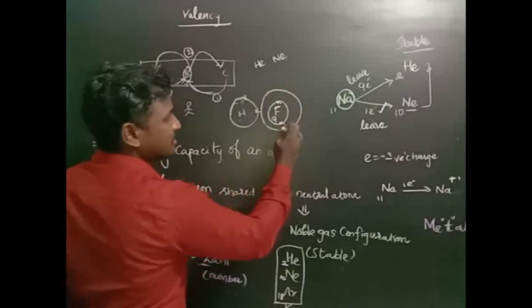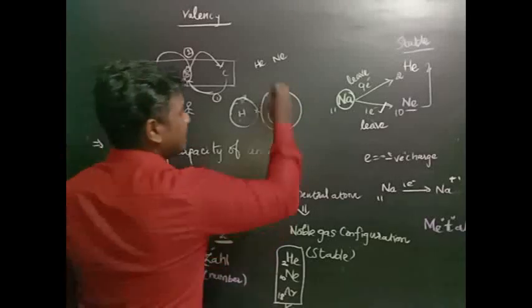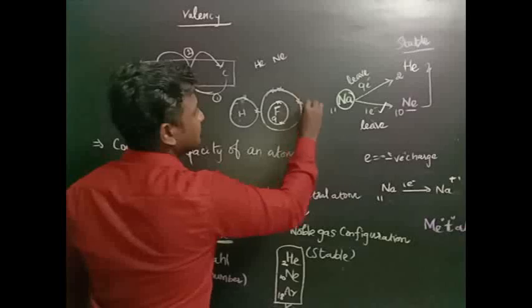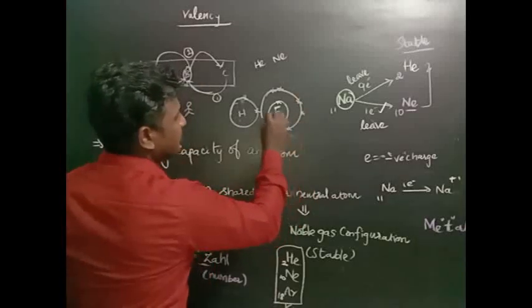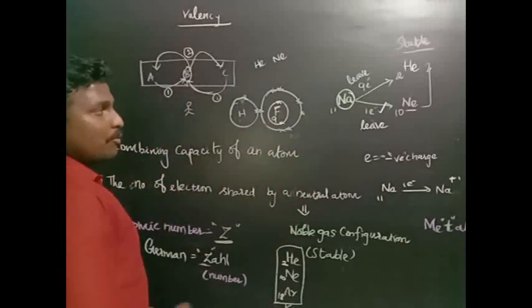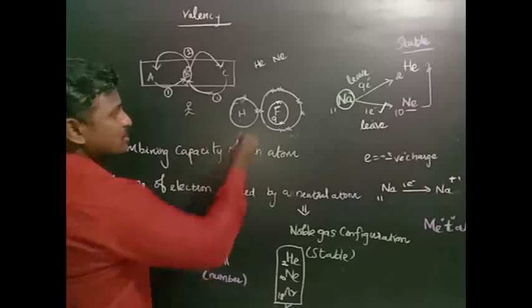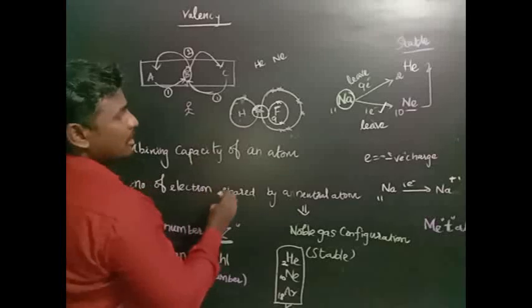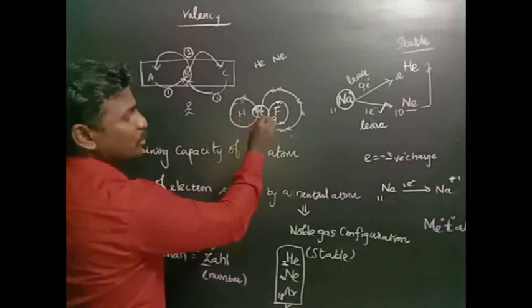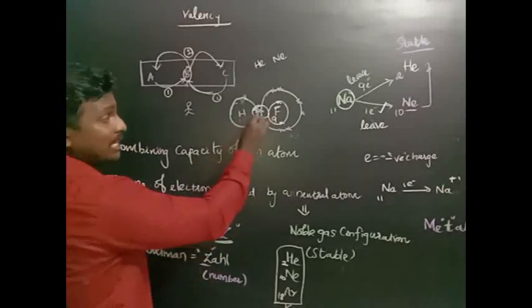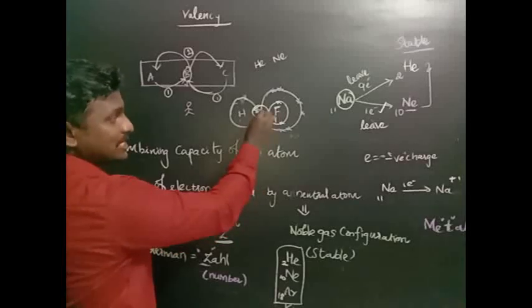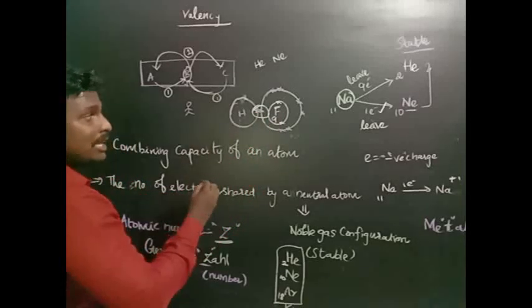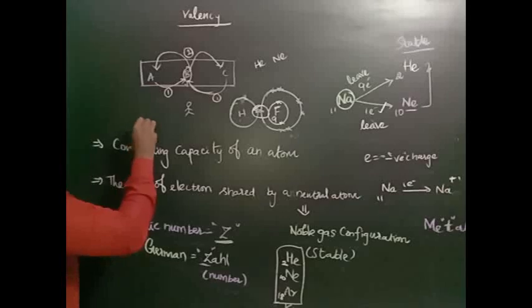Here 2 electrons I have mentioned, and the remaining 7 electrons are in the outermost shell. While I am making this, it is going to combine here, right? So hydrogen is going to combine with 1 electron of the fluorine atom.